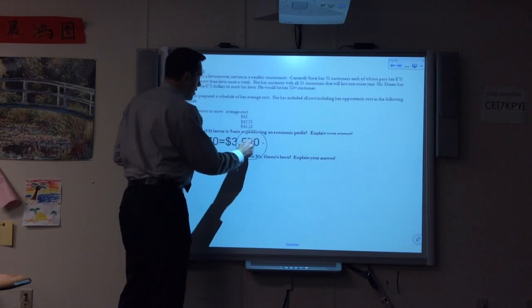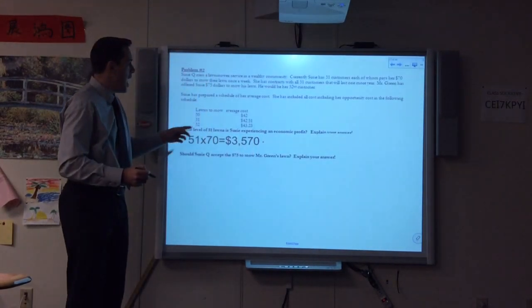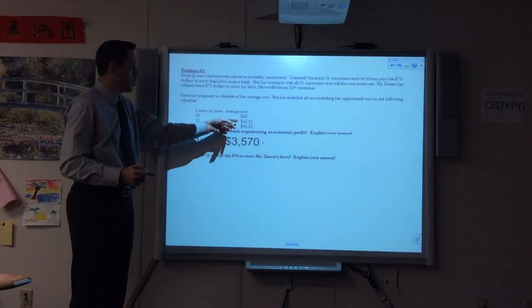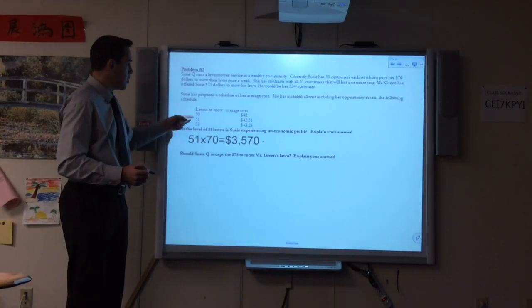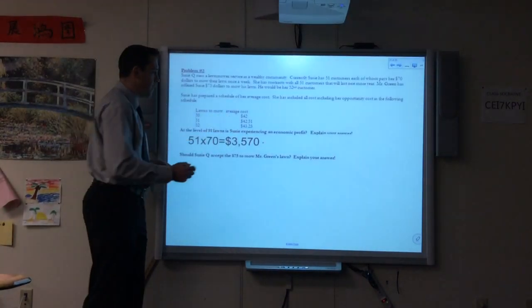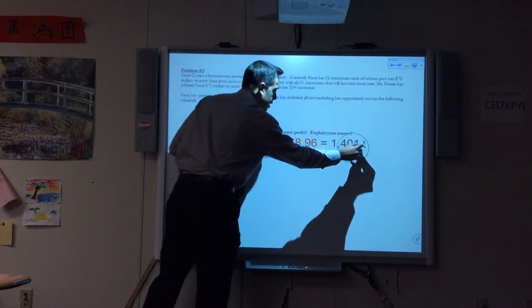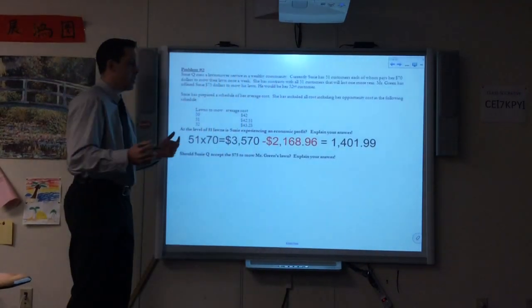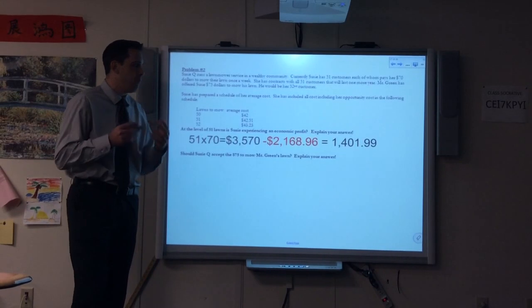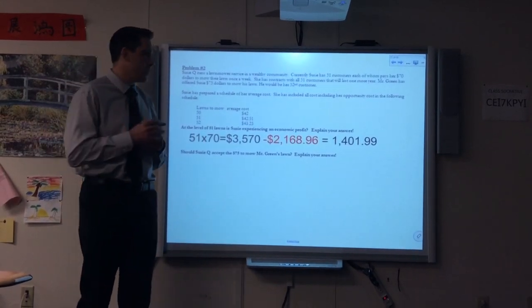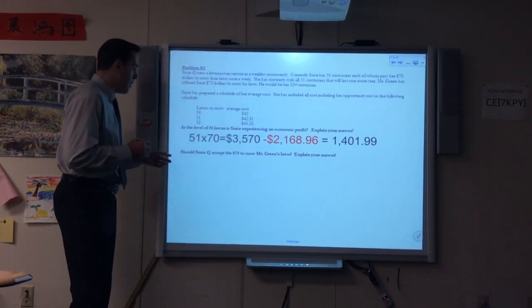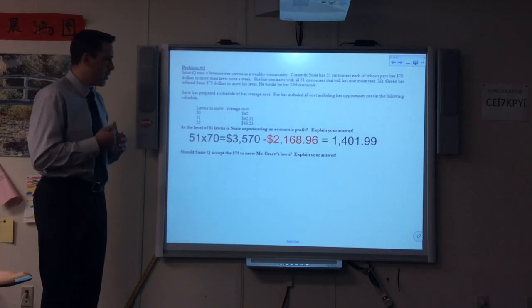That's going to equal 3,570. And then you need to find out what her total cost is, which is 51 times 42.51, which is 2,168.99. You subtract the two and you see that Susie is making an economic profit of $1,401.01.